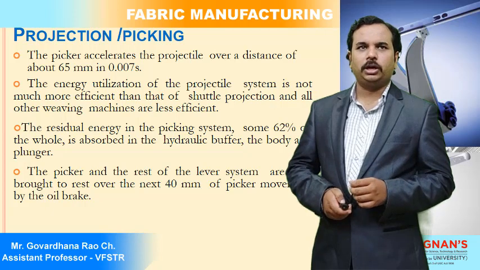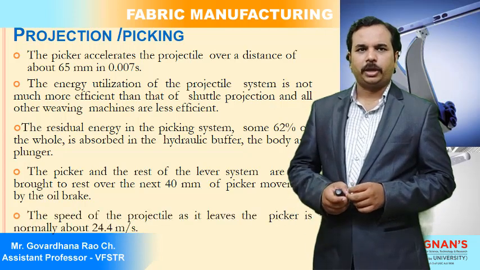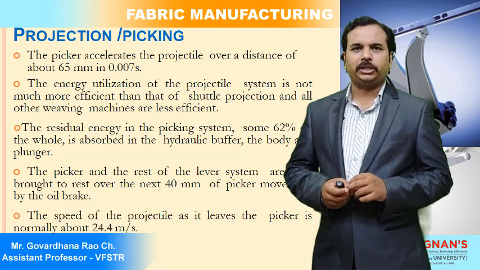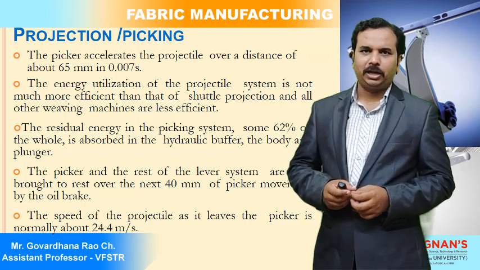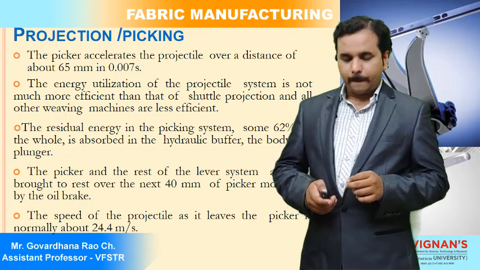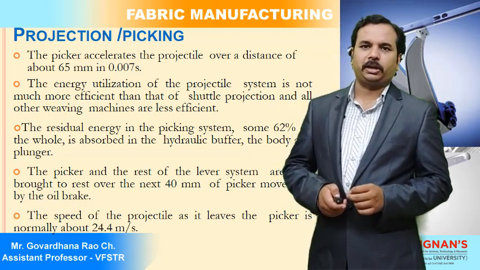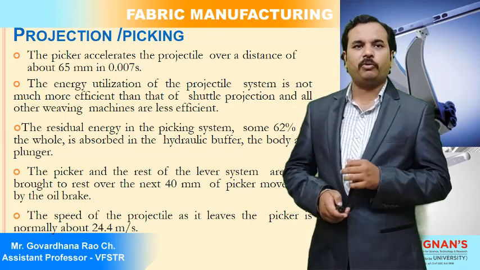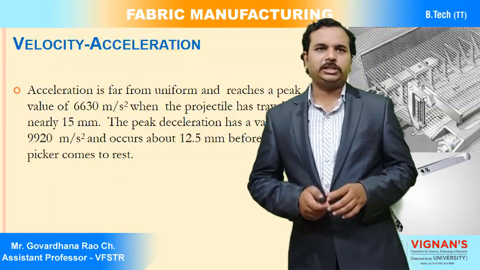This is how the picking of this mechanism works. The speed of the projectile as it leaves the picker is normally about 24.4 meters per second. That is the speed.